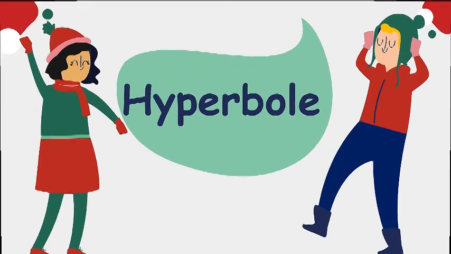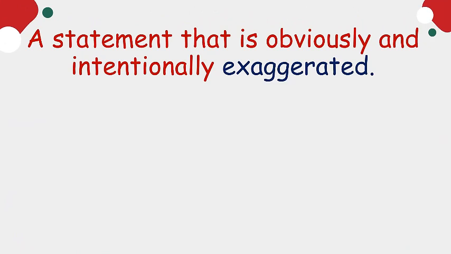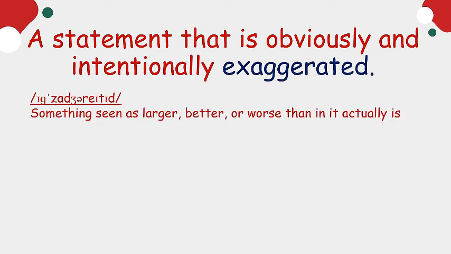Hyperbole. A statement that is obviously and intentionally exaggerated. But wait, what does exaggerated mean? The word exaggerated means something seen as larger, better, or worse than it actually is.